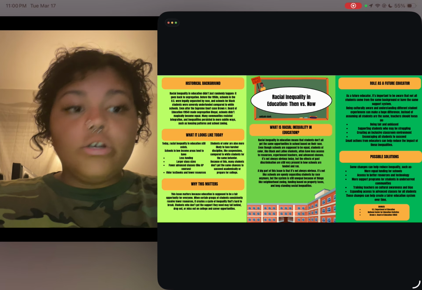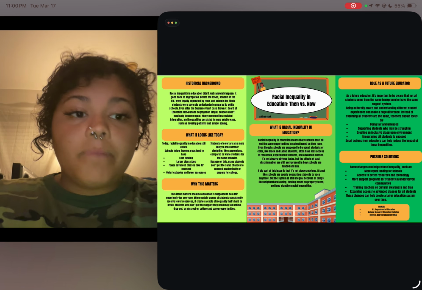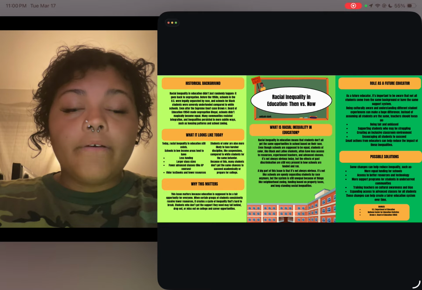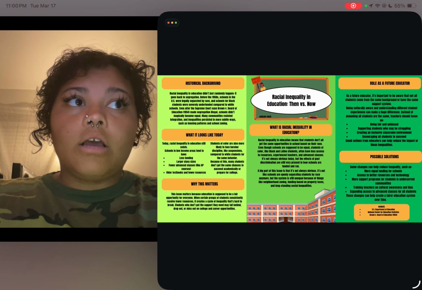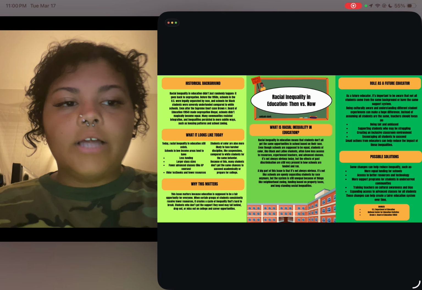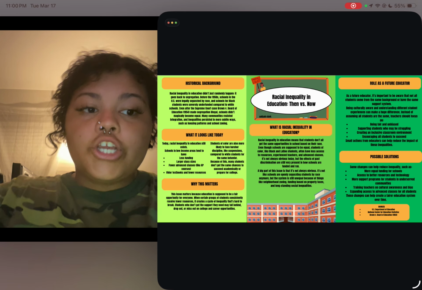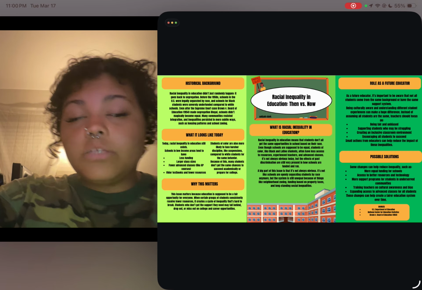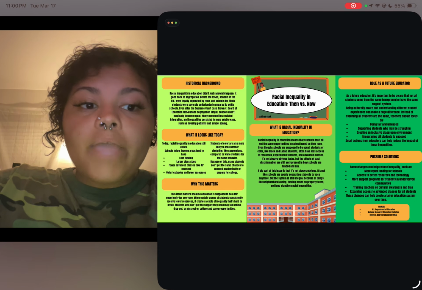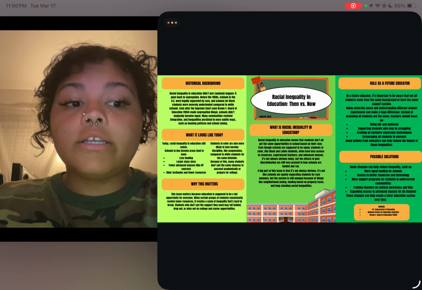Instead of assuming all students are the same, I believe that teachers should focus on being fair and unbiased within their classrooms, supporting students who may be struggling, and that also means researching what those signs look like. Creating an inclusive classroom environment, encouraging all of their students to succeed, not just picking favorites, and not making those favorites obvious. Small actions from educators can help reduce the impact of these inequalities.